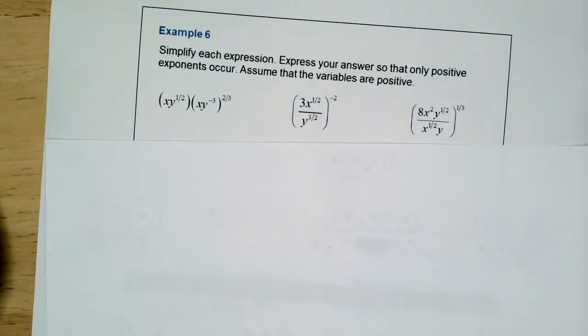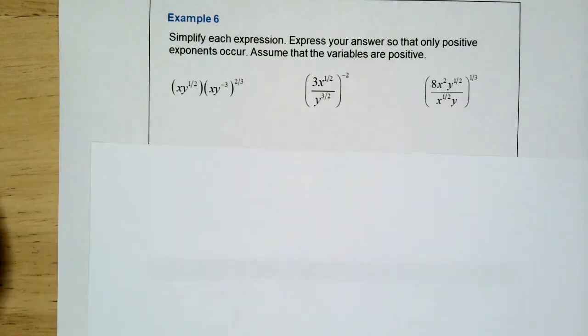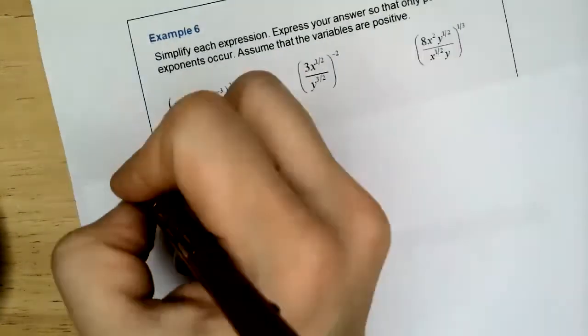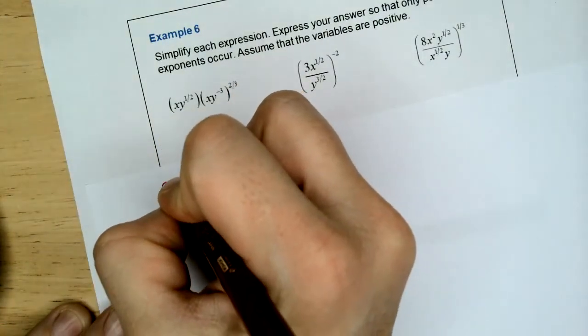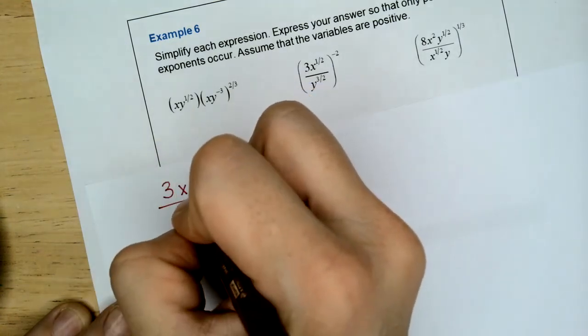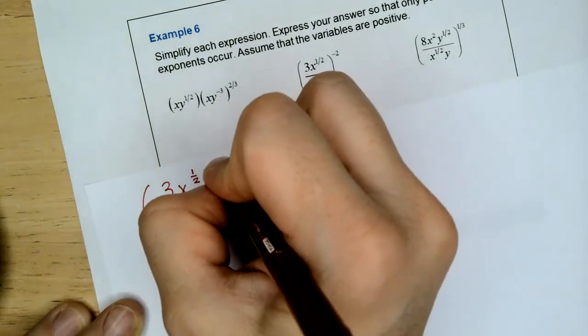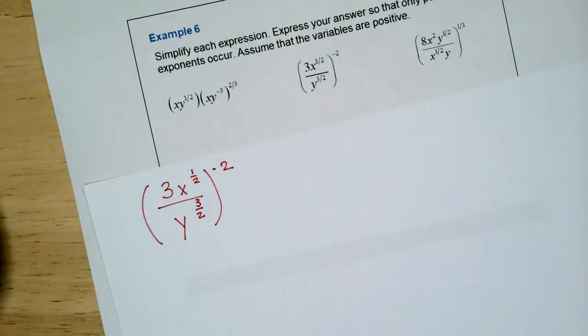Our next example is 3x to the 1/2 over y to the 3/2, all to the power of negative 2. So I need to distribute that negative 2.